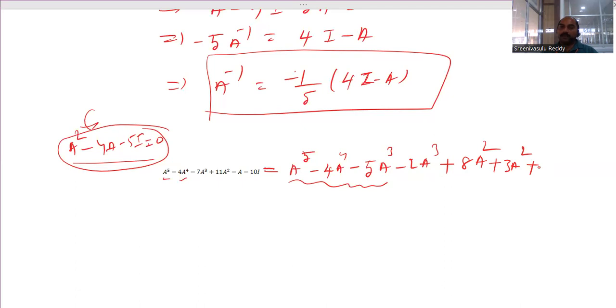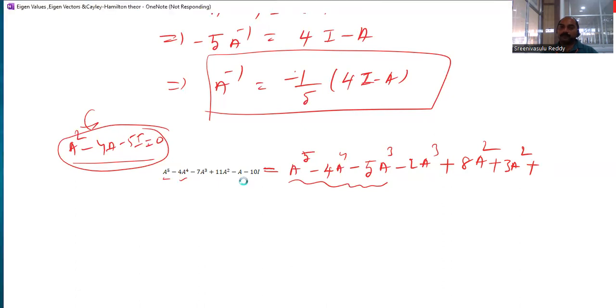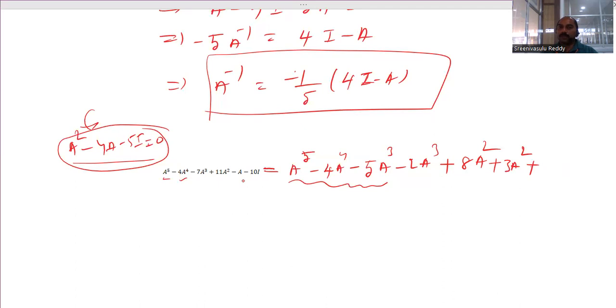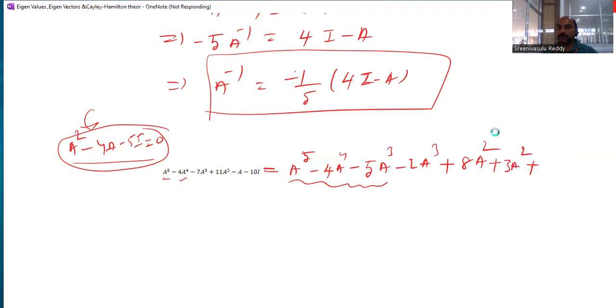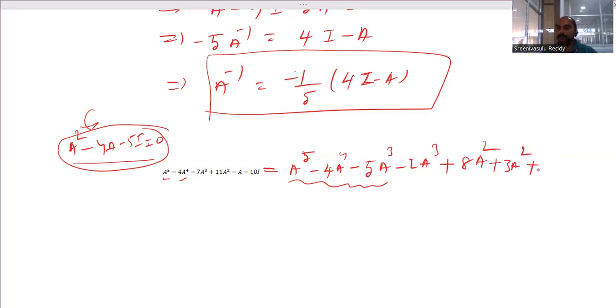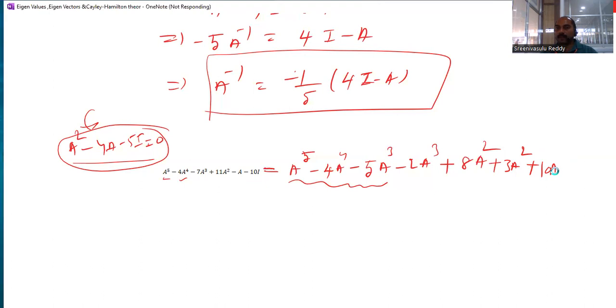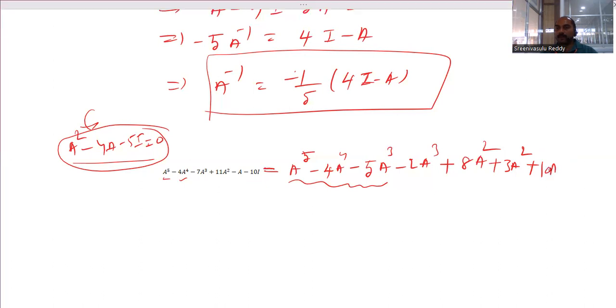Minus A is written as: we need 2 as a common factor, then we get a 5, so 10A minus 11A, as it is, minus 10I.